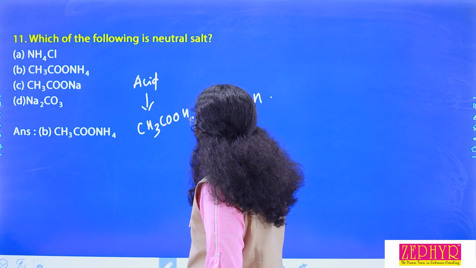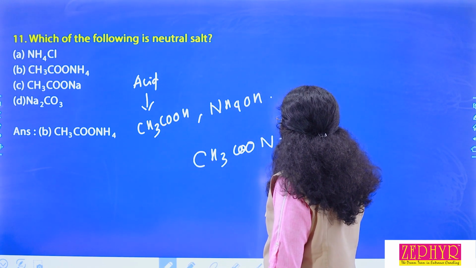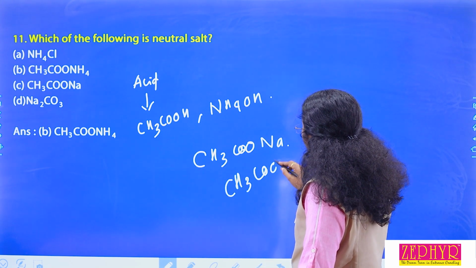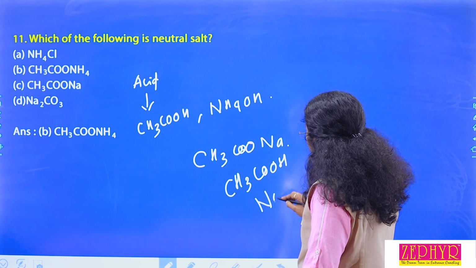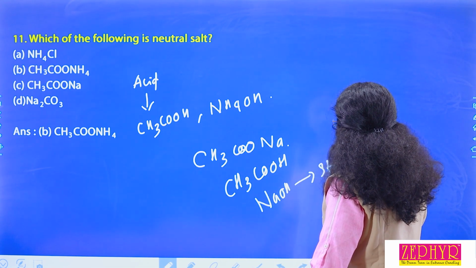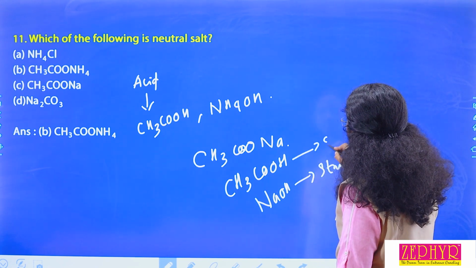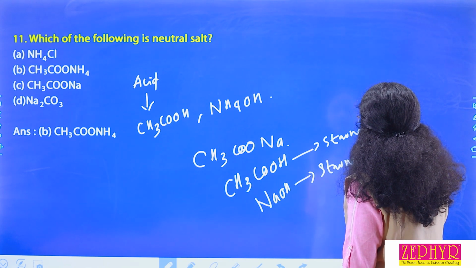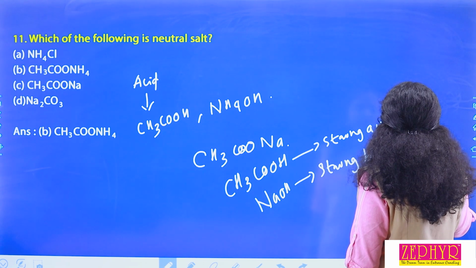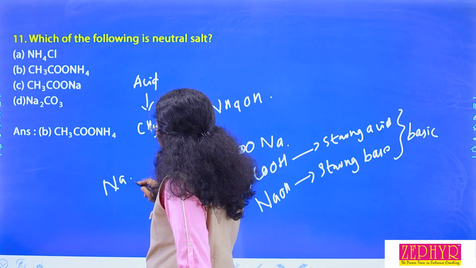Then CH3COONa is sodium acetate. The acid is CH3COOH and the base is NaOH. This is a strong base and this is a weak acid. So this is a basic salt. What about Na2CO3?